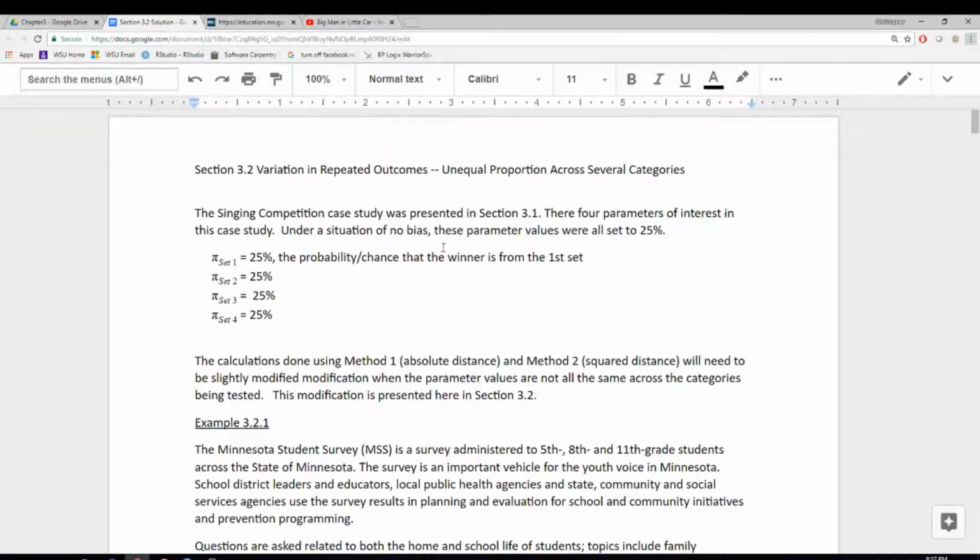So in this singing case study that was presented in section 3.1, the four parameter values of interest had the same value. So we were looking at the chance or the probability that the winner would be selected from the first set. That was set at 25%. And that was the same across the second set, the third set, and the fourth set.